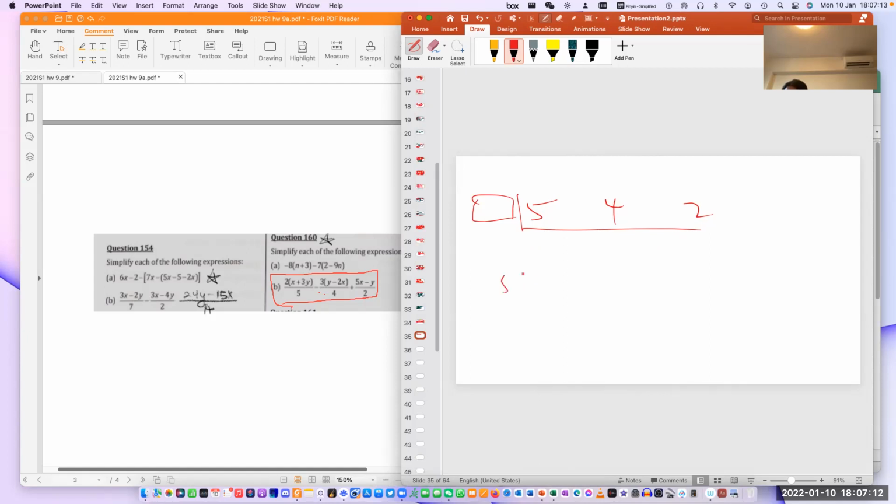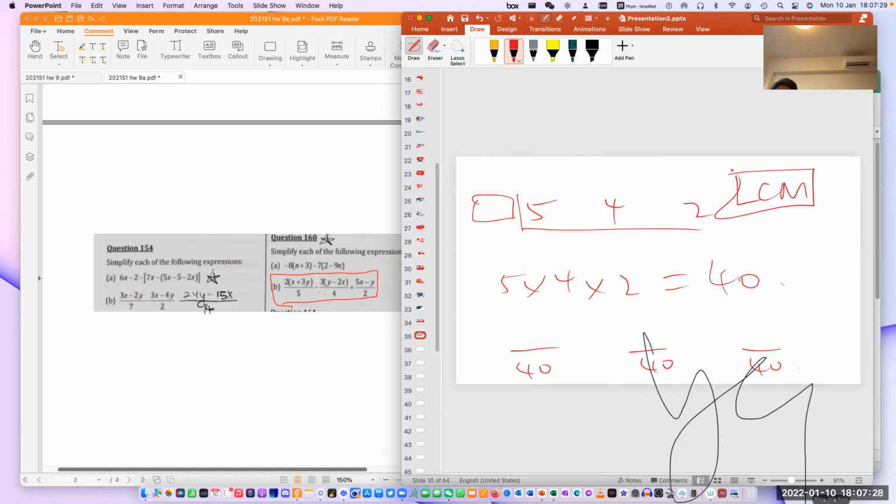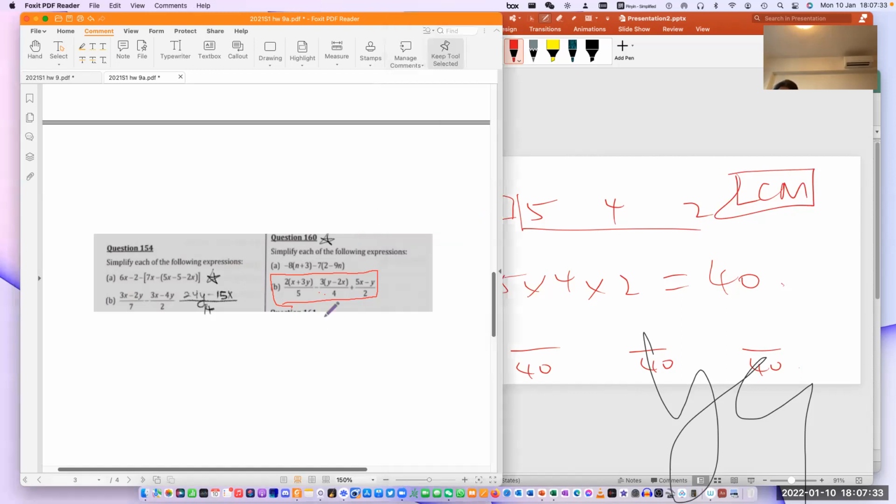So the lowest common multiple is 40. So that's how you decide the common denominator should be 40. Are you clear? You make use of the concept of LCM. So that's why you need to learn LCM. So I will leave this to you. Just more complicated.